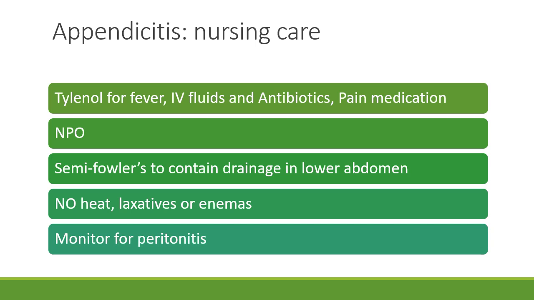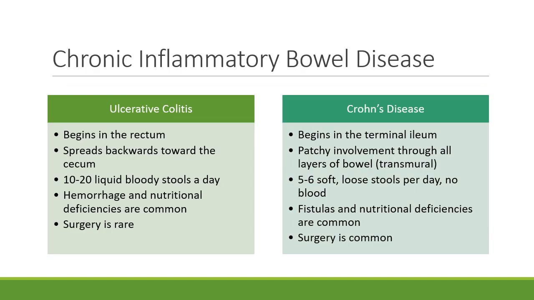Nausea, vomiting, fever, tachycardia, signs of shock, and inability to pass gas or feces. Hiccups also are possible because of irritation of the diaphragm with peritonitis. They can rapidly develop septic shock, which can be fatal if they develop peritonitis. So just making sure that you keep an eye on those patients.